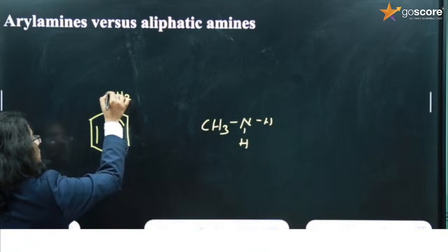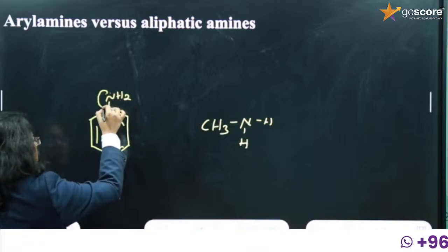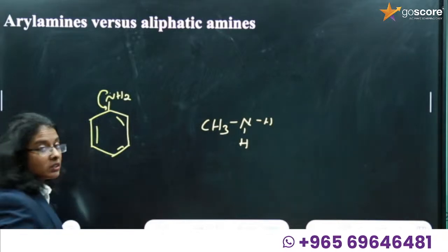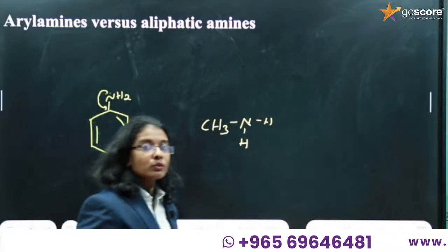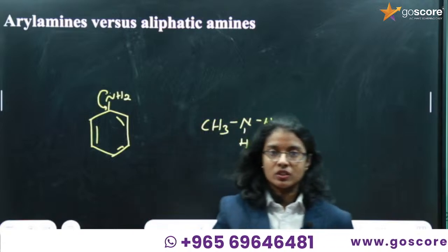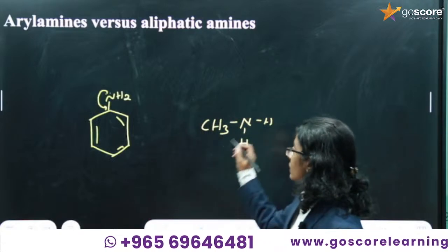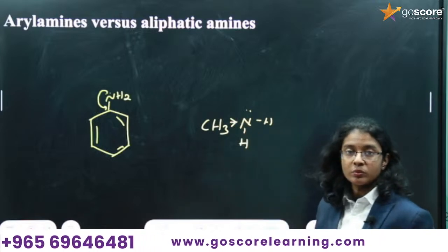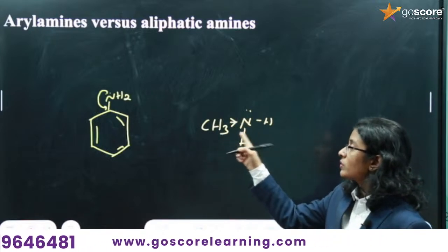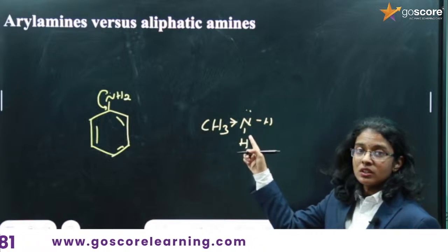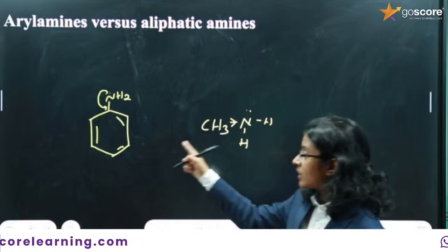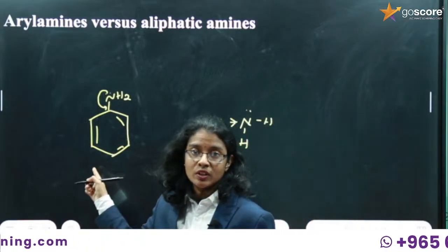See, here the lone pair of electrons will be in conjugation with the benzene ring to form resonance structures. Here there is an alkyl group. Due to the plus I effect, electrons will be released to the nitrogen, so protonation will be easier. Here less protonation is available.